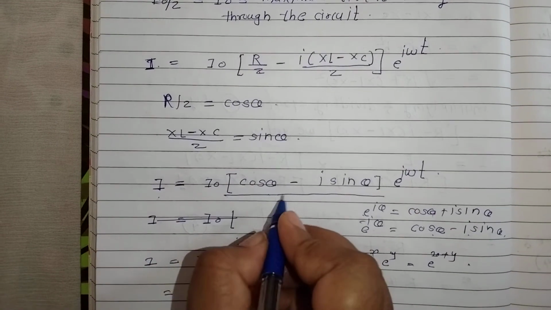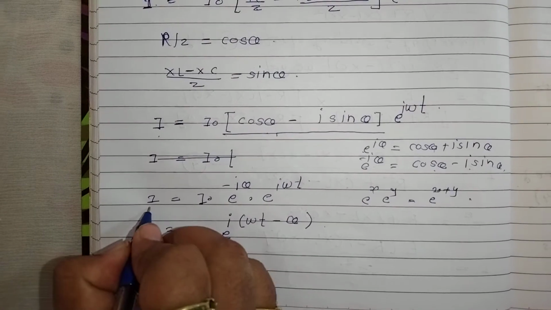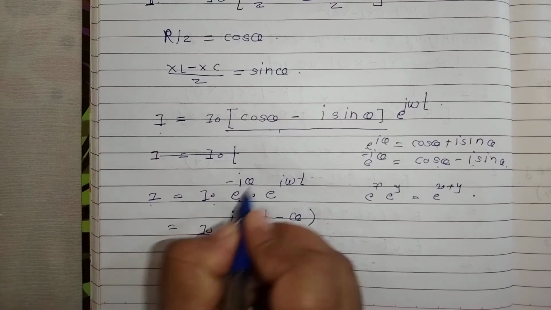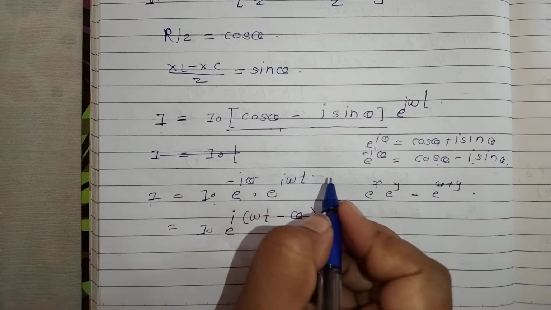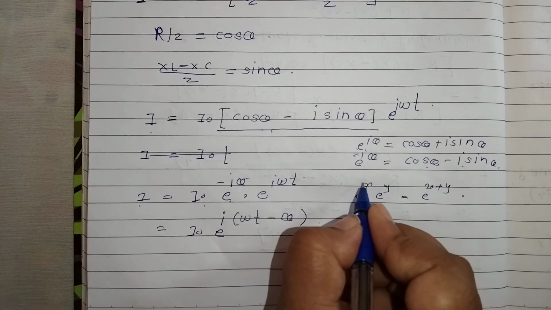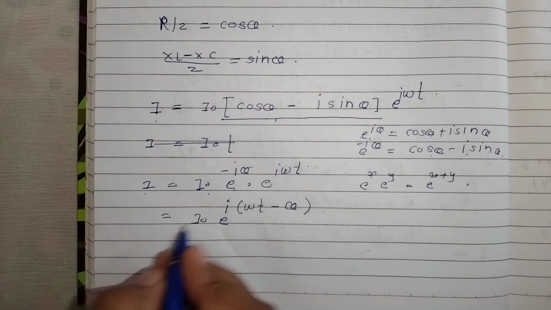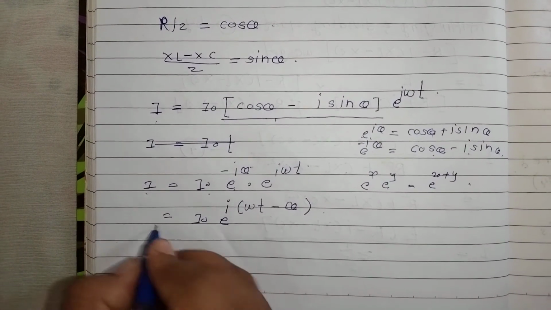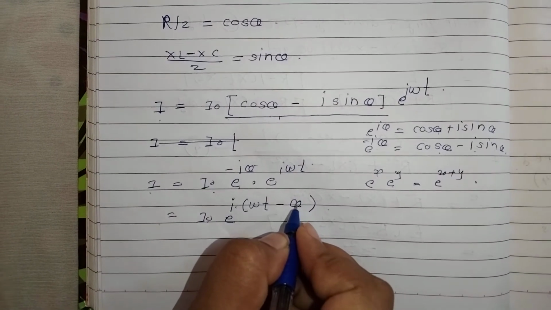So in this we take e raised to minus i theta. We get I is equal to I0 e raised to minus i theta into e raised to i omega t. By the exponent rule, e raised to x into e raised to y is equal to e raised to x plus y. So we get I is equal to I0 e raised to i(omega t minus theta).